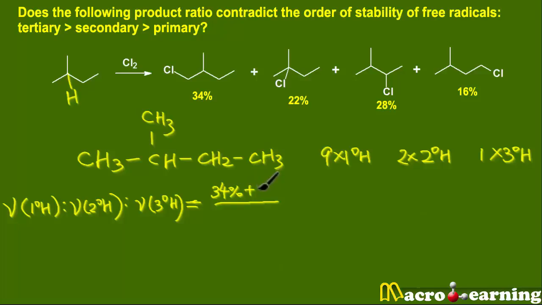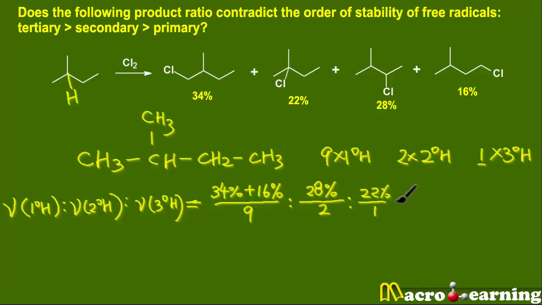So we just add those two up, 34 plus 16%, now divided by this number here, to the secondary hydrogen, which is the product ratio 28% divided by this number 2, and that to the tertiary hydrogen reaction product ratio, 22% divided by this number, which is 1.